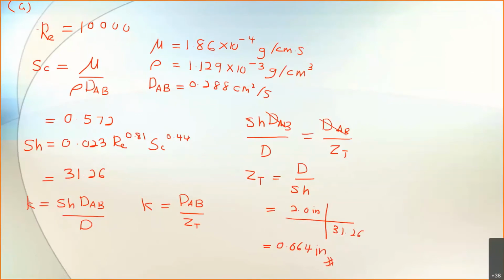You can change inch into cm or meter, up to you, or you can leave the answer here. That is the first way. Or you can find the value of K first, substitute it, and then find ZT. Either way, you should get the same value of ZT. This is for the first system, water and air.